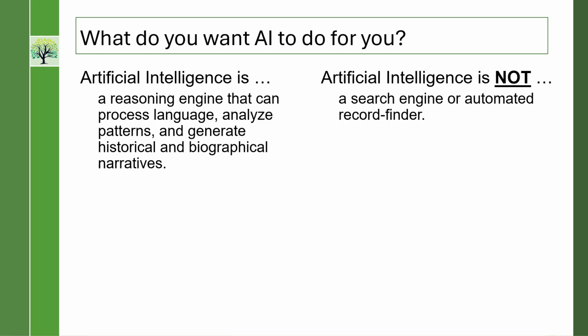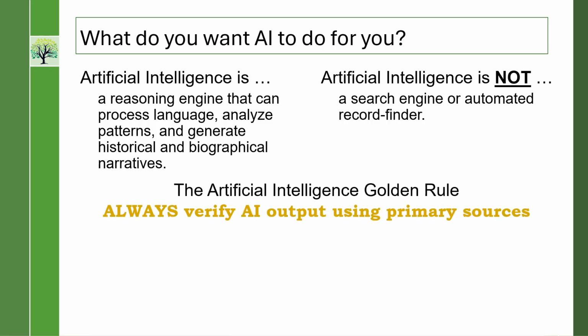The search engine is looking for specific things that you're asking for. AI is going to actually do things for you, as we'll see here in some examples today. What I want you to always remember, though, is that you must always verify what AI tells you. I'm going to show you some examples today of when AI went off the rails.